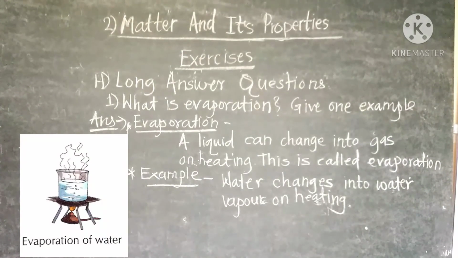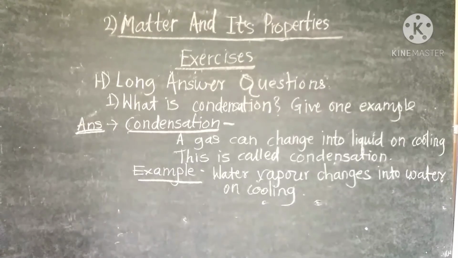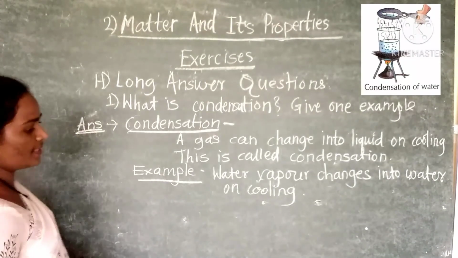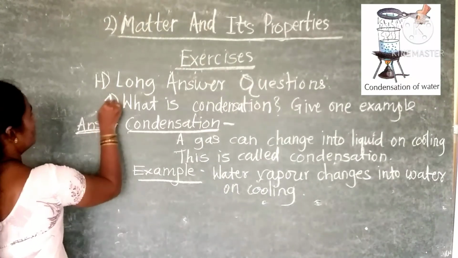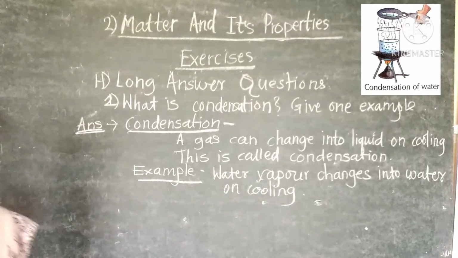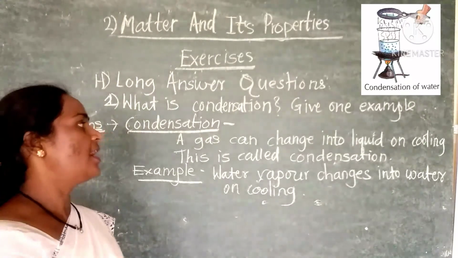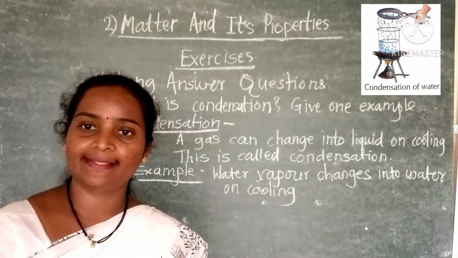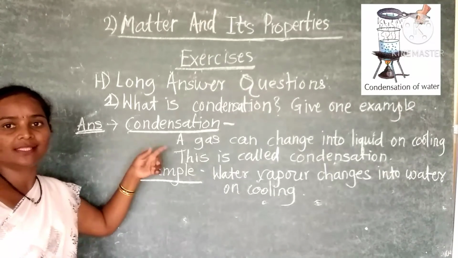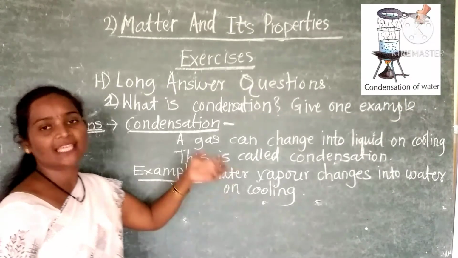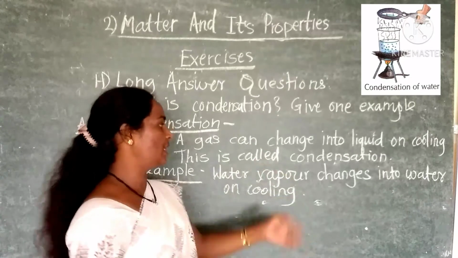We will see the second question now. Sorry, I had kept first only, so here is your second question. What is condensation? And give one example. So how should we write the answer? Answer is condensation. A gas can change into the liquid on cooling.